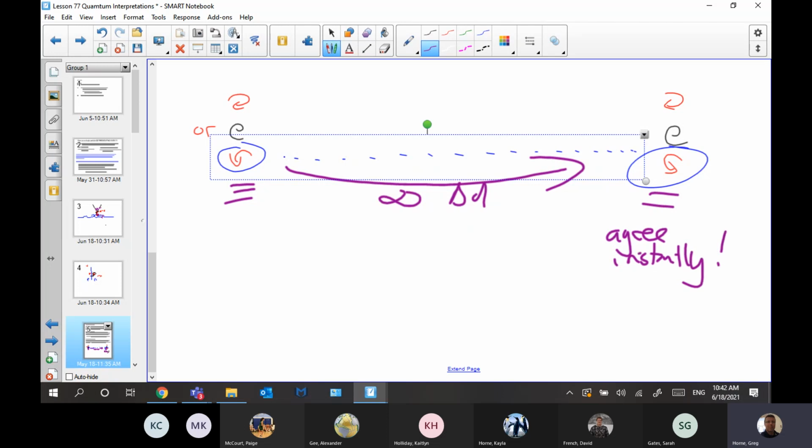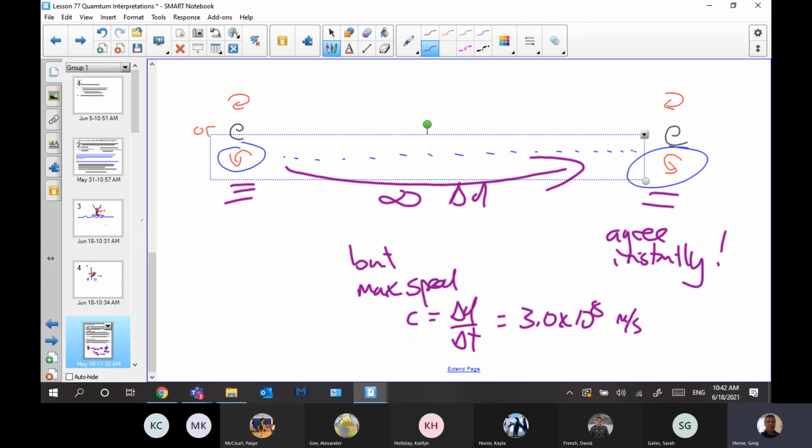Which is really troublesome, especially when you think about how that jives with our concept of the speed of light. So we're saying the max speed is c equals delta d over delta t, supposed to be a max speed of 3.0 times 10 to the 8 meters per second. But you can't have that and have agreement instantly across the entire universe.